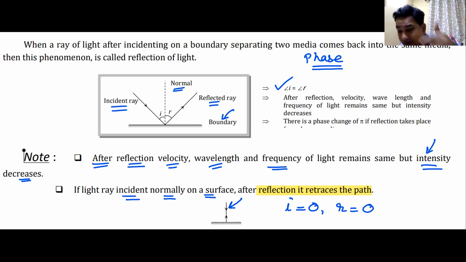When it is falling normally on any type of surface, whether it's a curved surface or a plane surface. If the light is falling normally on any surface, beta, it will always retrace its path. It will come back at the same angle.